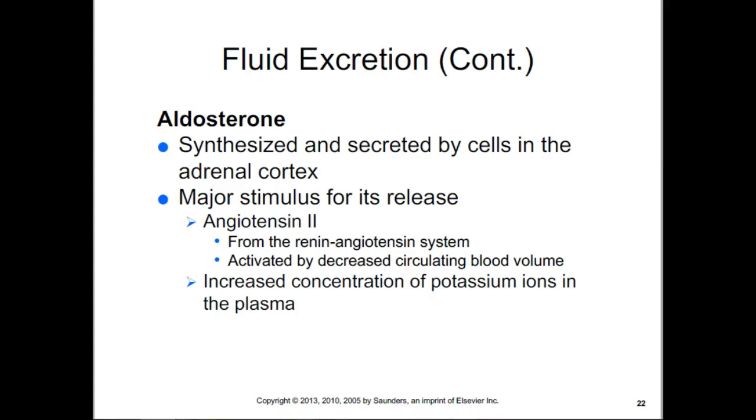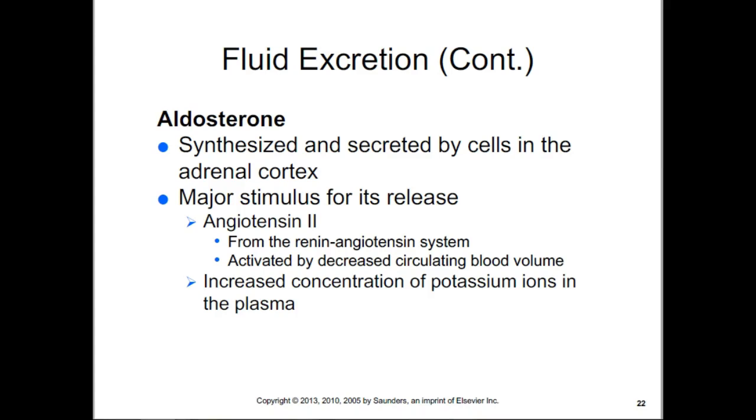And angiotensin 2 also is going to release aldosterone. The aldosterone is going to be released from the zona glomerulosa of your adrenal cortex, and it is going to go to your kidneys where it will reabsorb sodium.